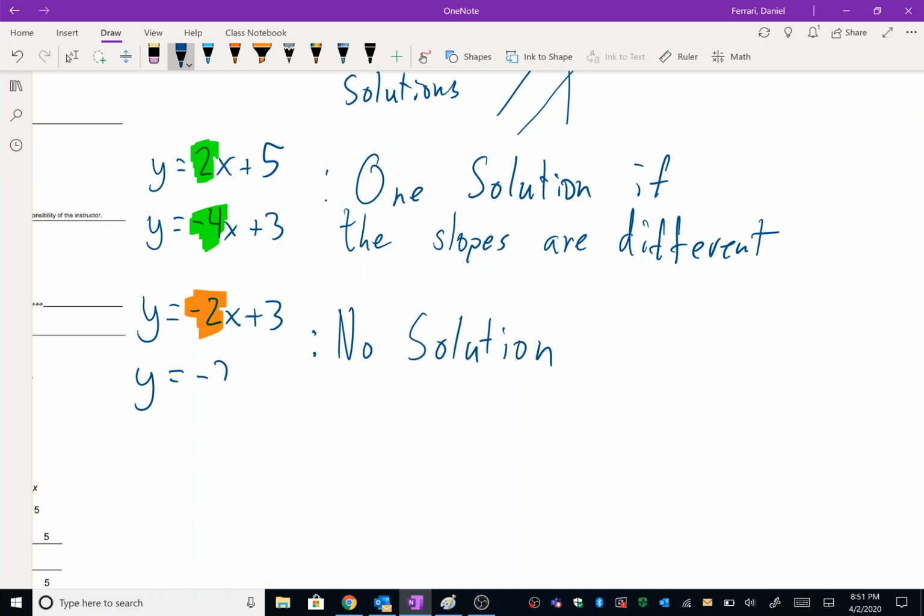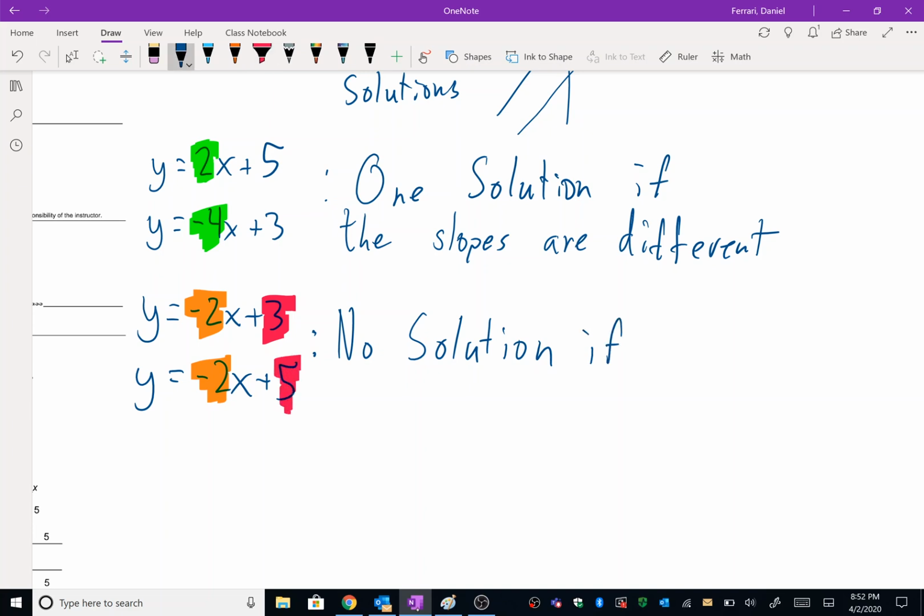And my other equation is also going to have a slope of -2, but it's going to have a different y-intercept, a different b value. So slopes are the same, but the b values are different.